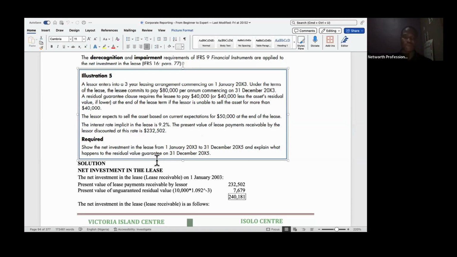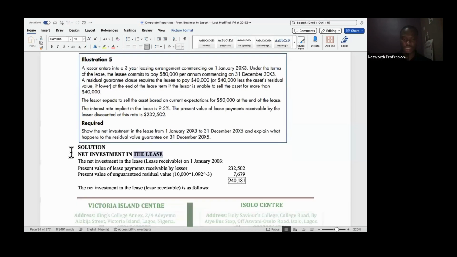Okay, now looking at the solution, so the net investment in the lease is majorly the present value of the lease payment receivable by the lessor, which in most questions will be given to you. And it was given to us in this question as 232,502. That's the PV.